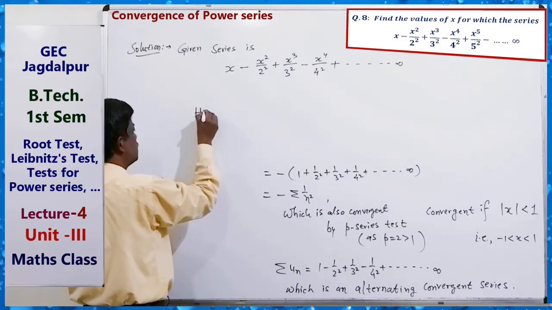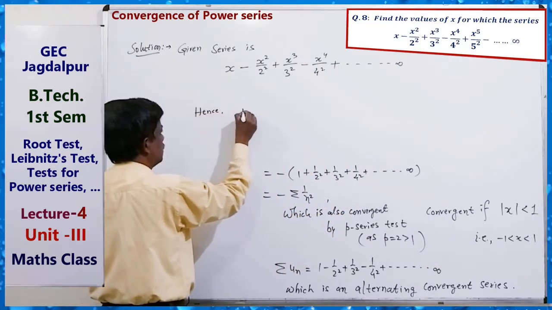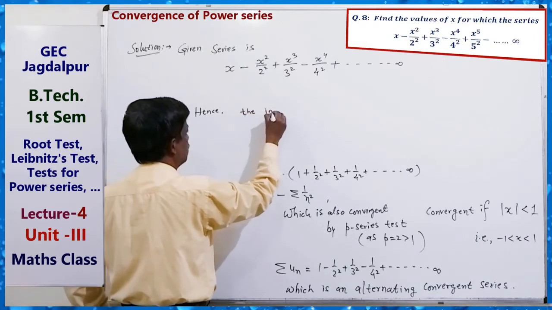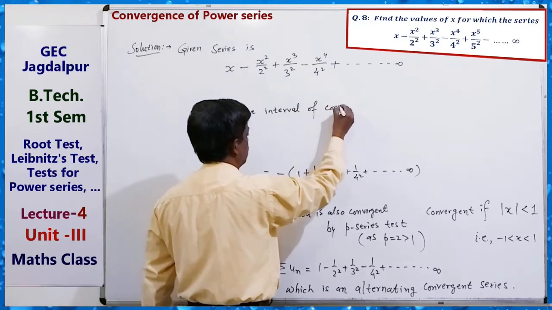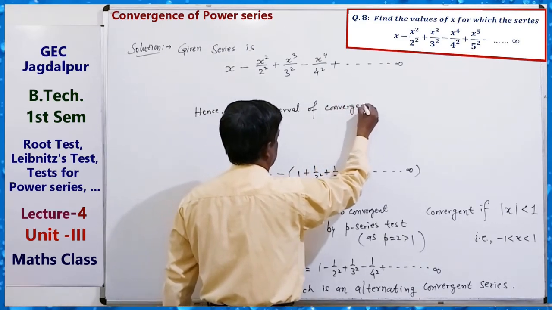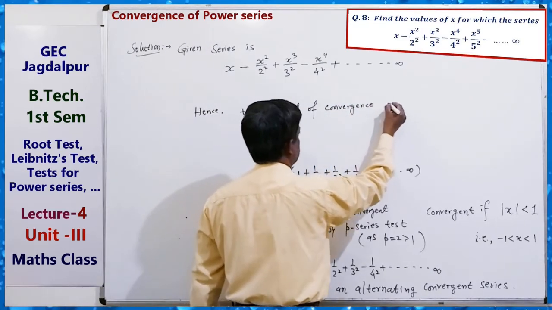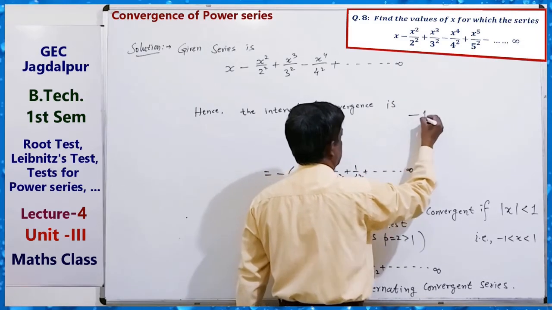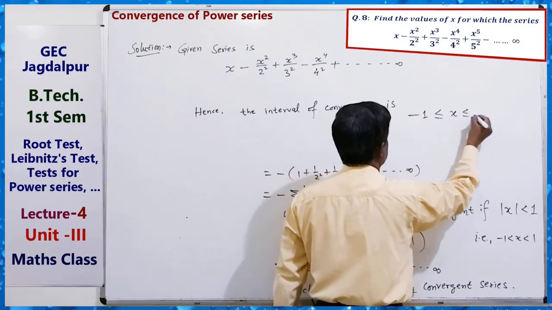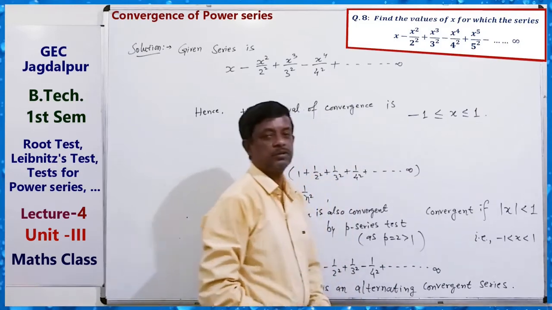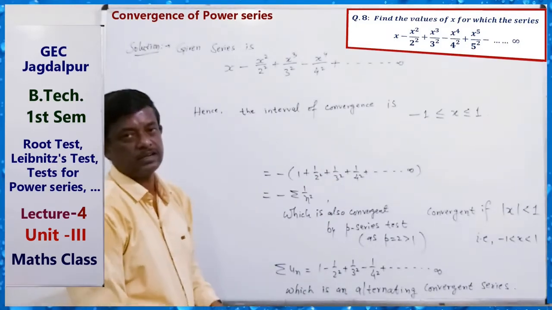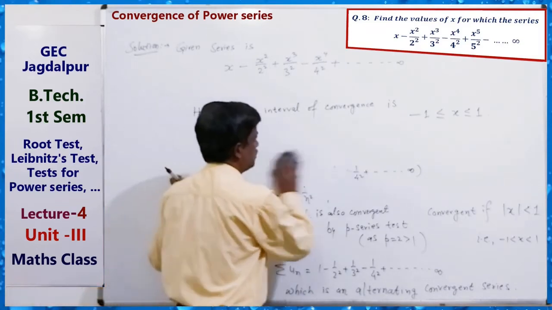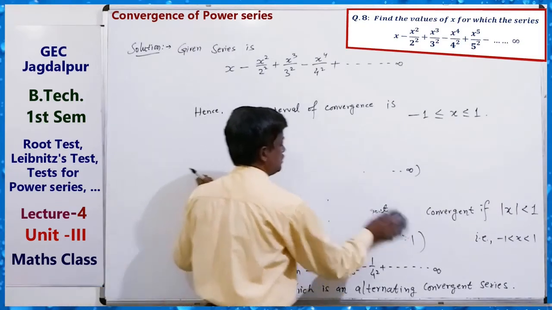Hence the interval of convergence is minus 1 less than or equal to x less than or equal to 1. That is for the values of x which lie between minus 1 and plus 1, and also at x equal to 1 and x equal to minus 1. This is the interval of convergence.